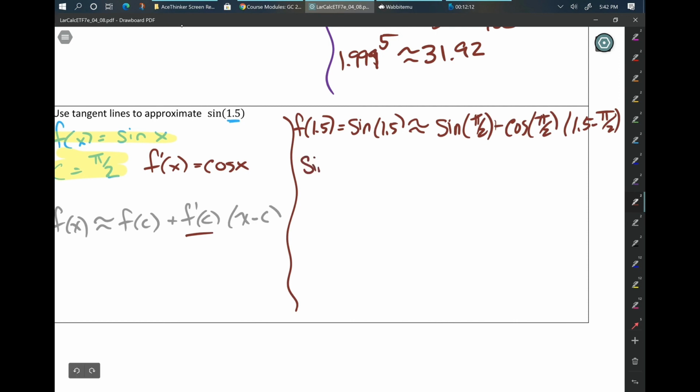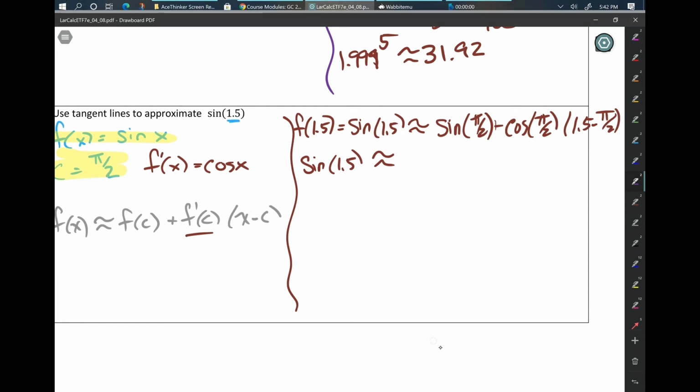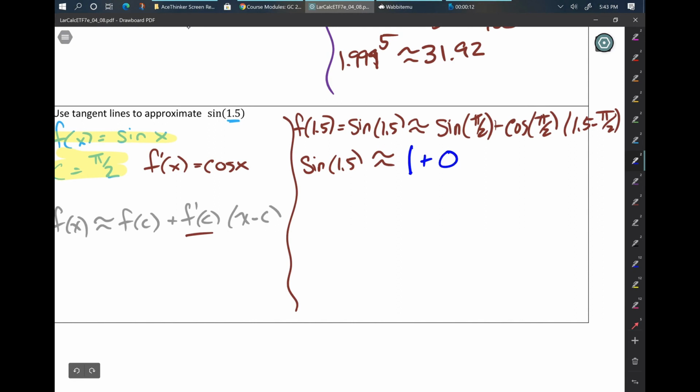So then the sine of 1.5 is approximately, let's see, what's the sine of pi over 2? The sine of pi over 2 is 1, plus the cosine is 0 times 1.5 minus pi over 2, we get the sine of 1.5 is approximately 1.